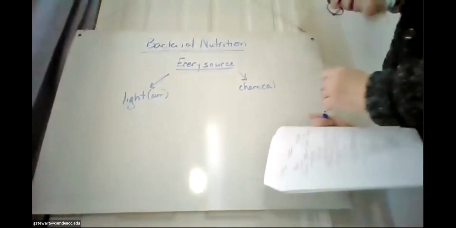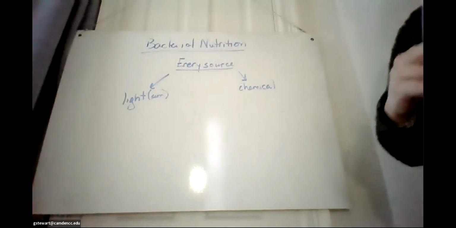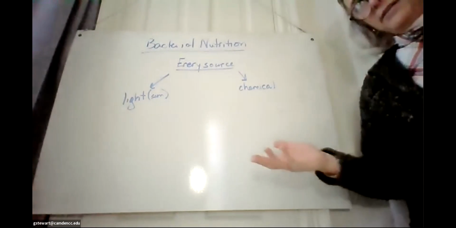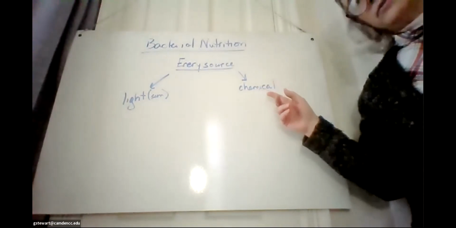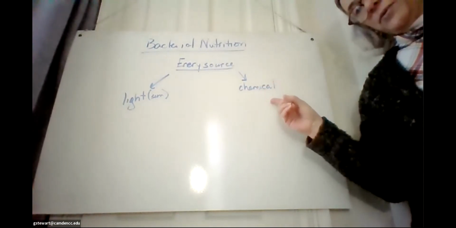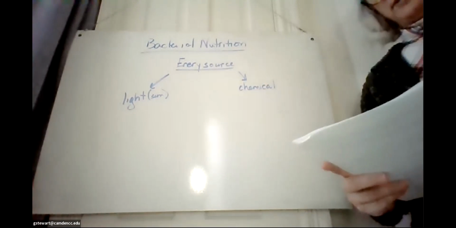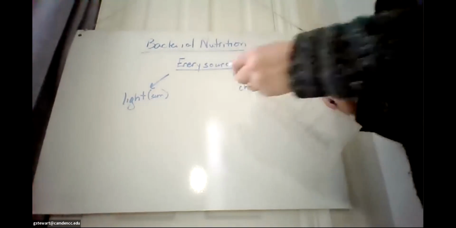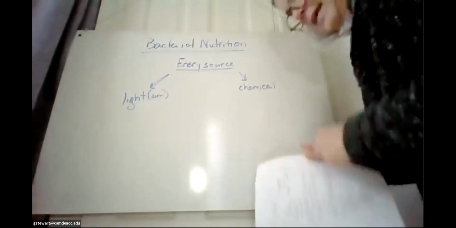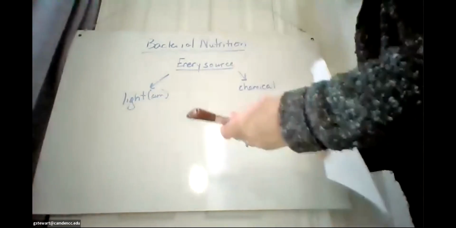Now, what's different about this than what we talked about when we talked about the materials and glycolysis, cellular respiration? This chemical energy can be organic or inorganic chemicals. So that's a difference for bacteria than what we've talked about before. If the organism uses light, that's really what phototroph means.